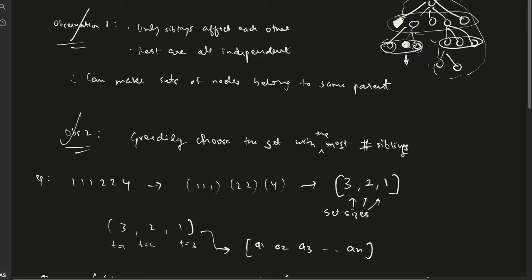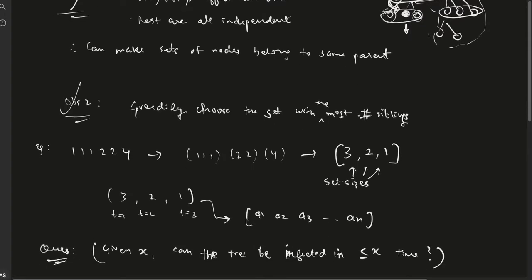Once we've chosen this, we move on to choose the vertices from the next set of siblings, and while we are visiting the other sets, the siblings in this set would be infected via spreading. So that would be taken care of. This is intuitive. The greedy strategy is intuitive.